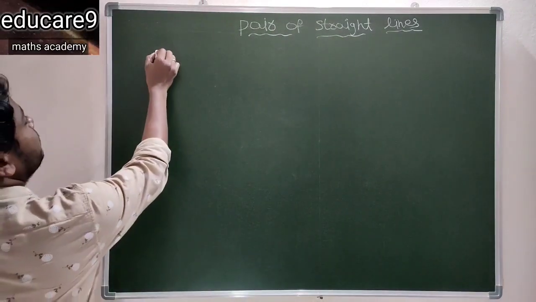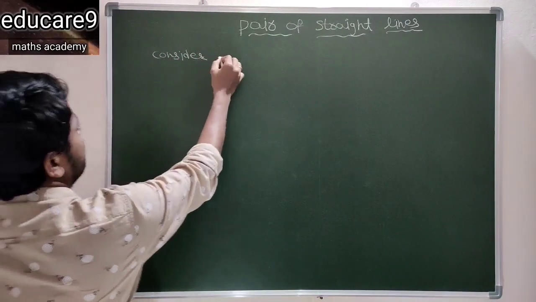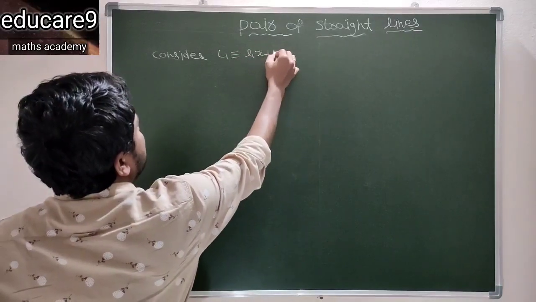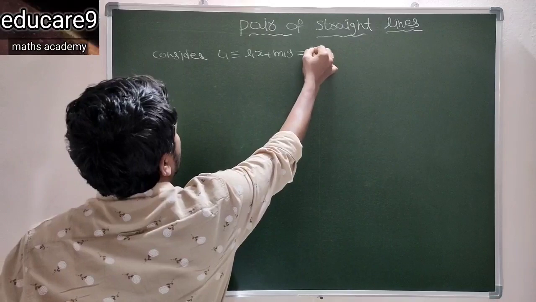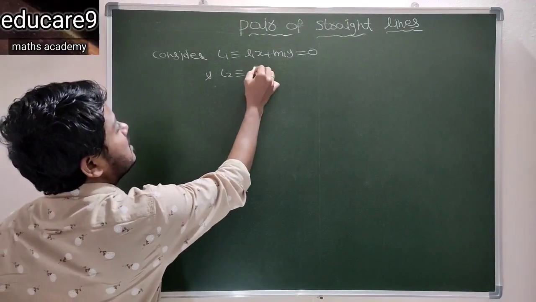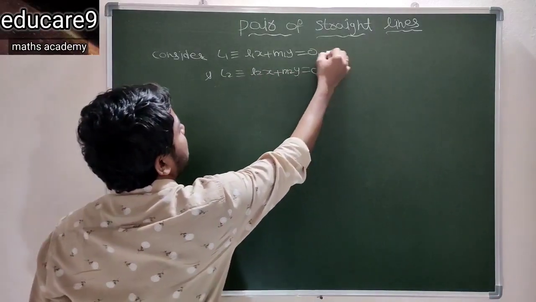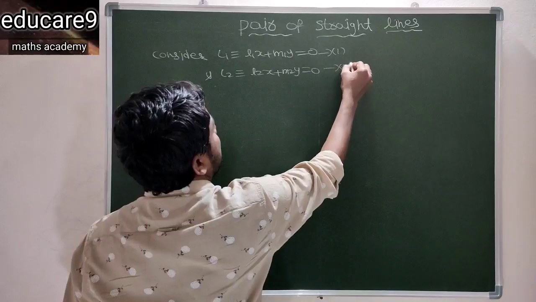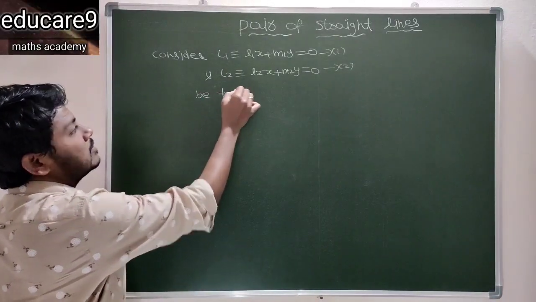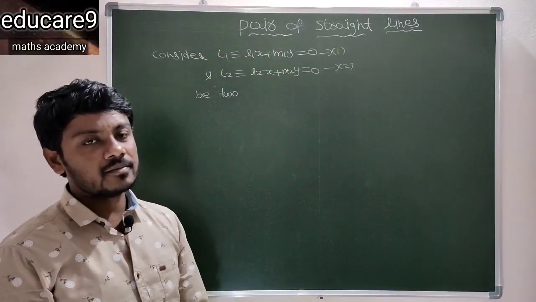Next, consider L1 as l1x plus m1y equals 0 and L2 as l2x plus m2y equals 0. This is equation 1, this is equation 2. These two lines are clearly homogeneous.